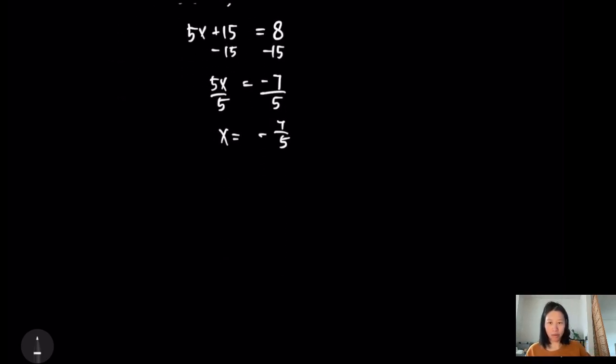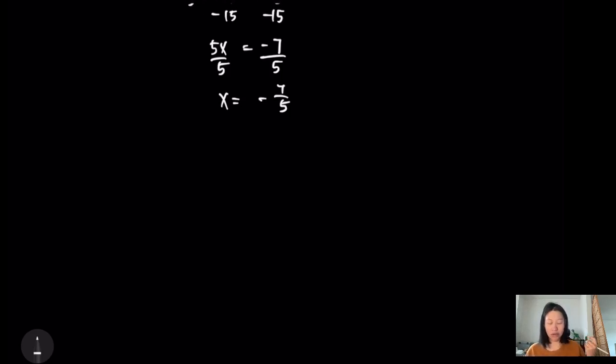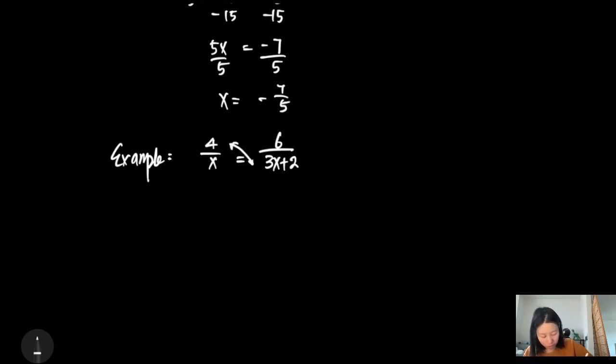Okay, now next one. What if we see the variable in the denominator? Such as 4 over x equals 6 over (3x plus 2). Alright, so calculate the cross product. We can cross multiply first.